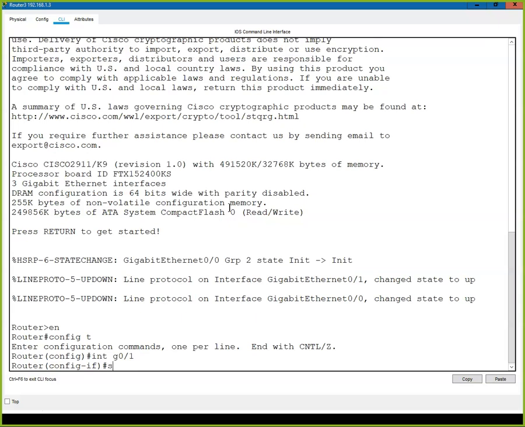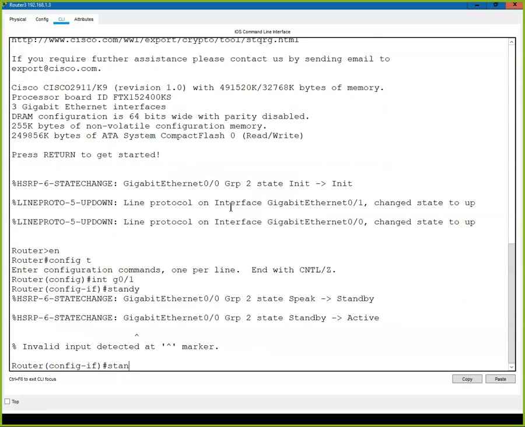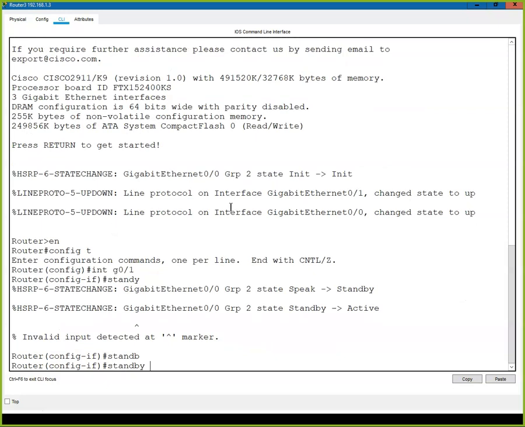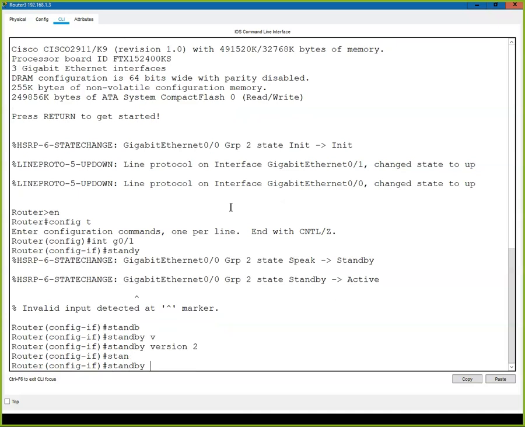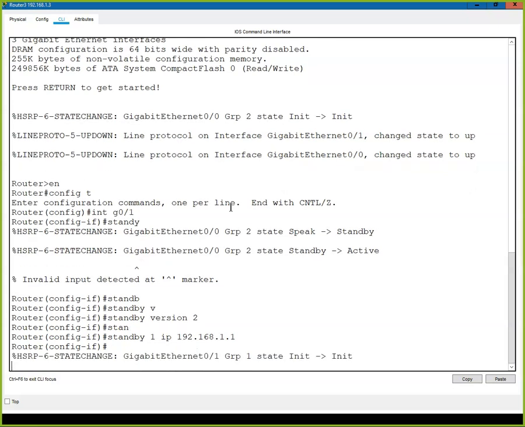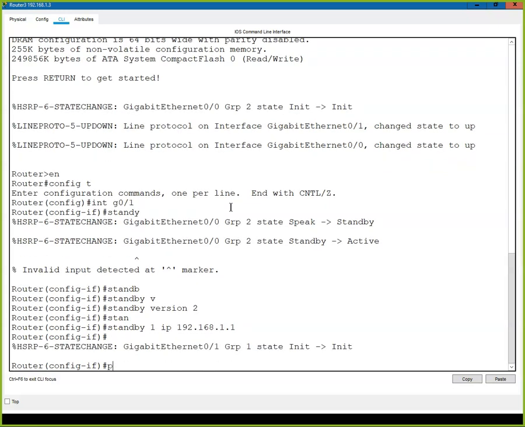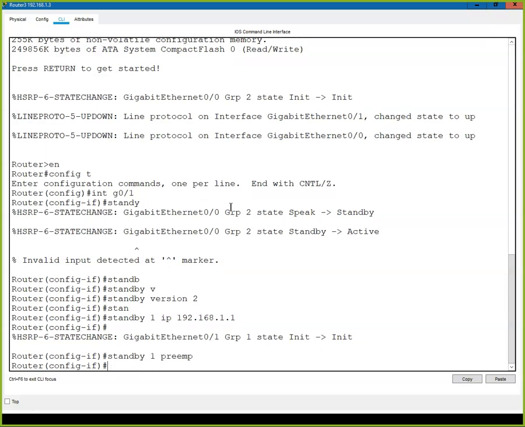And so we're going to do standby version 2, and then standby 1 IP 192.168.1.1. And I'm going to go ahead and do a preempt because we're going to need that in a little bit. Since it is 100 and 100 is the default priority and the other one is 105, nothing's going to happen.